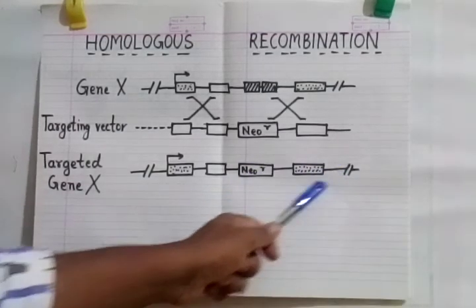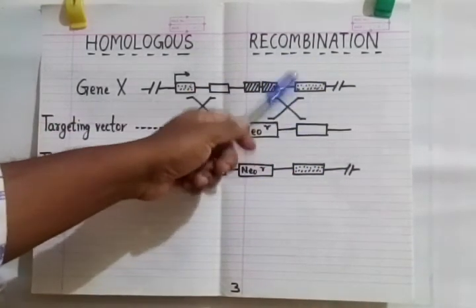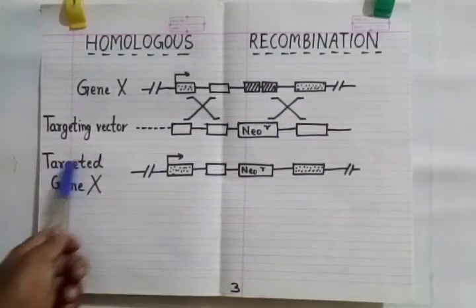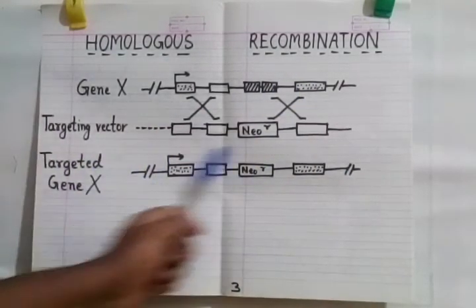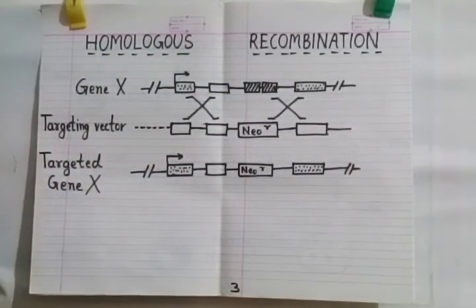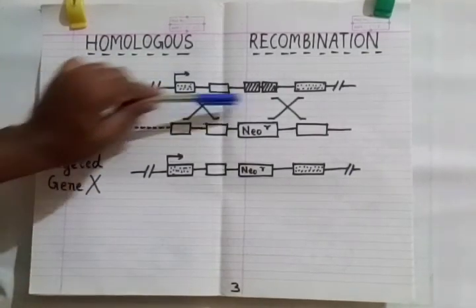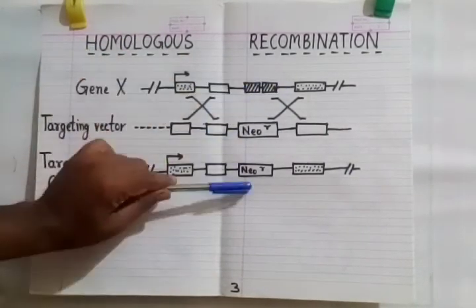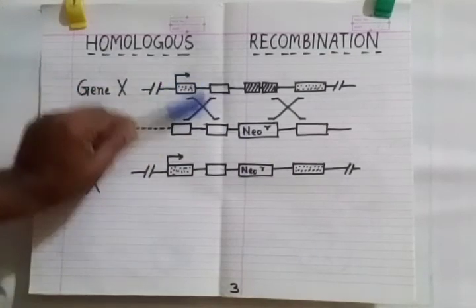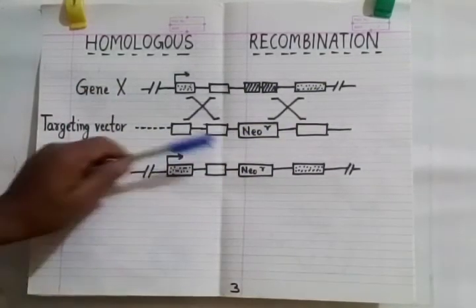Then the next portion, the fourth one, is the same as what I had in the original DNA. So this is the resulting DNA portion in which the target gene is not there. This is important to note. In the original DNA, this target gene was there. Now it is not there because of these crossovers.